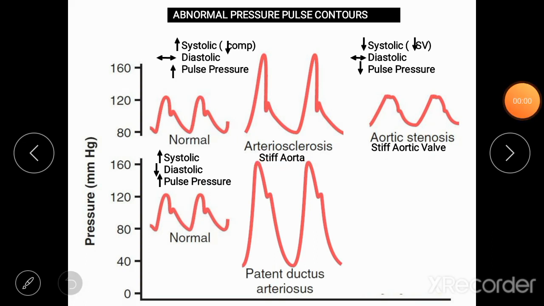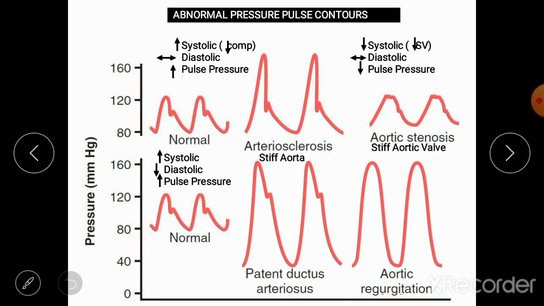Now let's move on to another condition which is quite similar to the patent ductus arteriosus, and it is known as aortic regurgitation. In aortic regurgitation, there is an incompetence of the aortic valve, which means that the aortic valve fails to close properly during diastole.